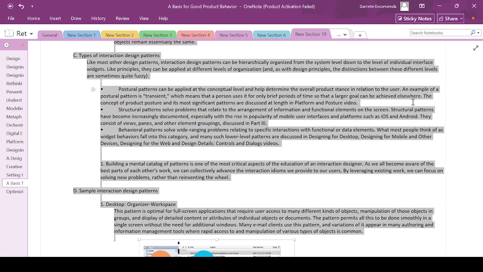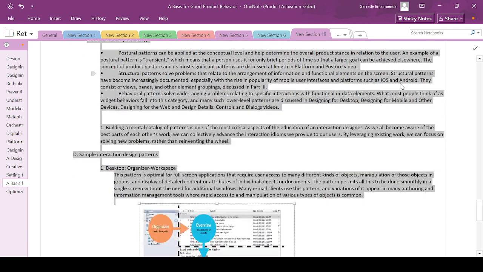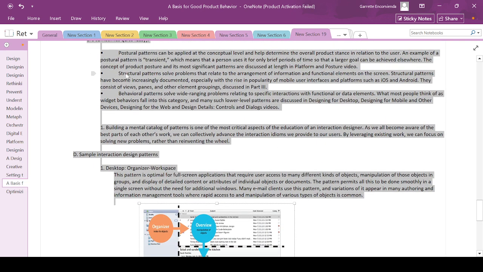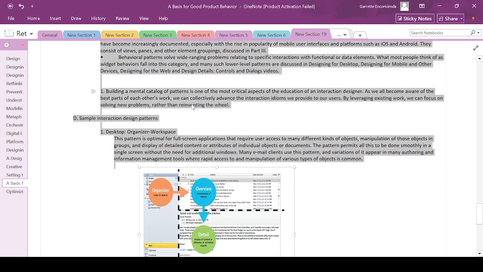They consist of views, panes, and other element groupings discussed in previous videos. So the ones that we discussed for designing desktop and mobile. Behavioral patterns, so that structural patterns, but at the same time visual hierarchy patterns that help us provide a more coherent design that also comes back to the design value, right?